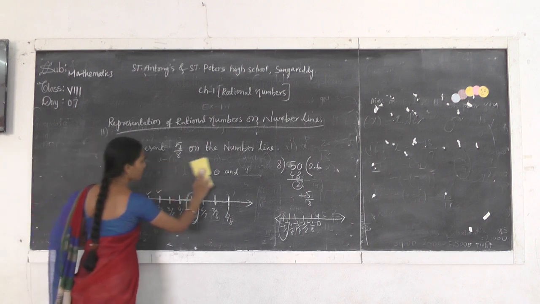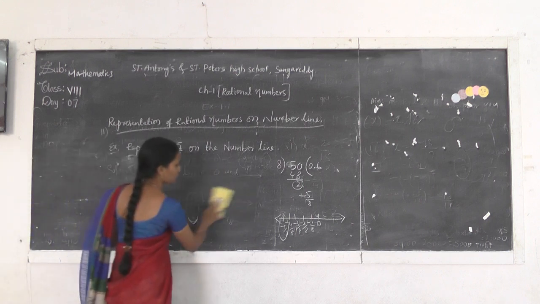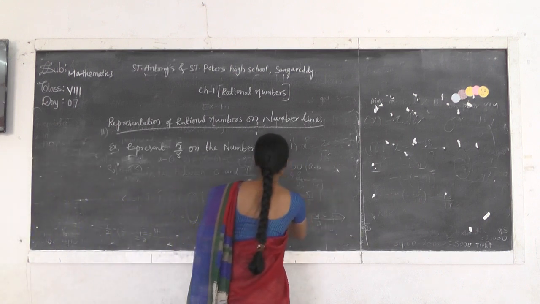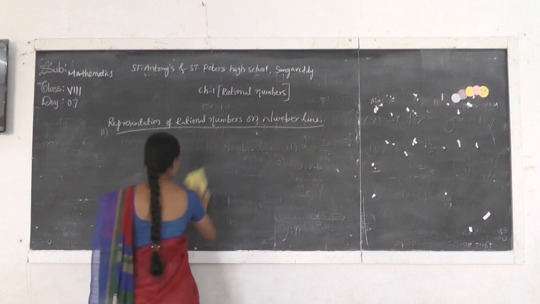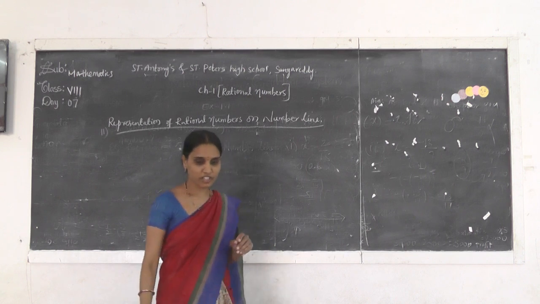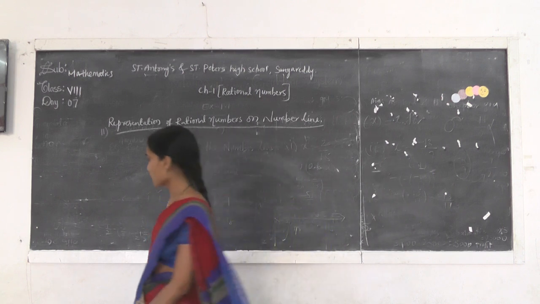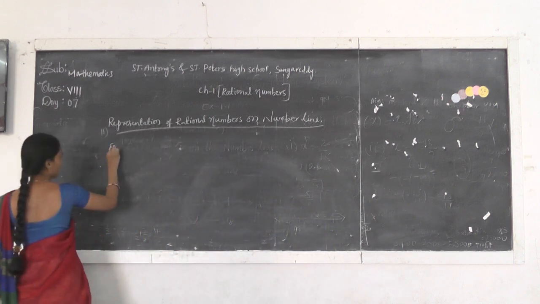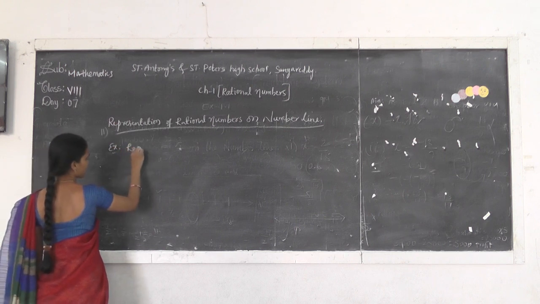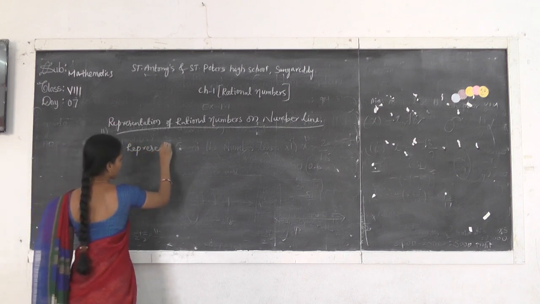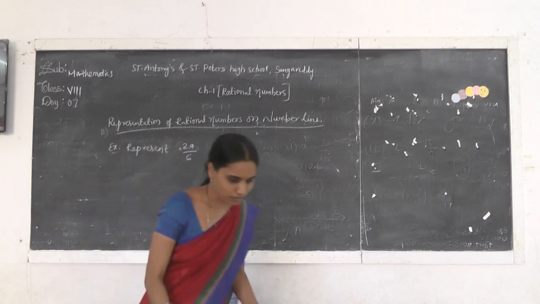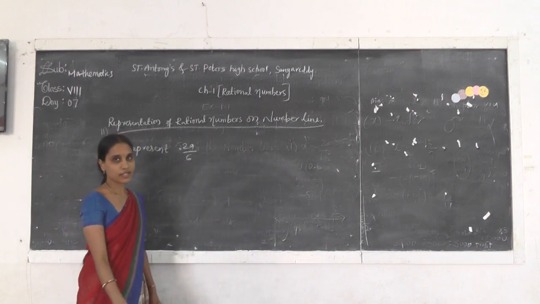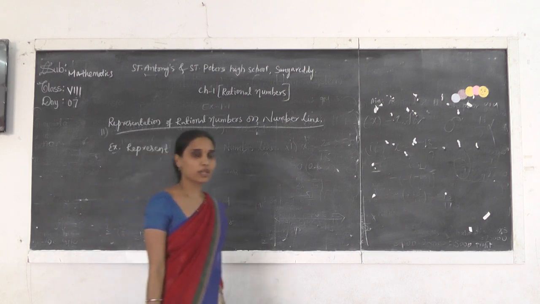Suppose it is an improper fraction, what do we have to do? For example, represent 29 by 6 on the number line. How to represent it?